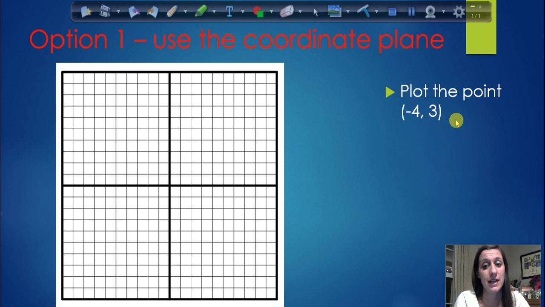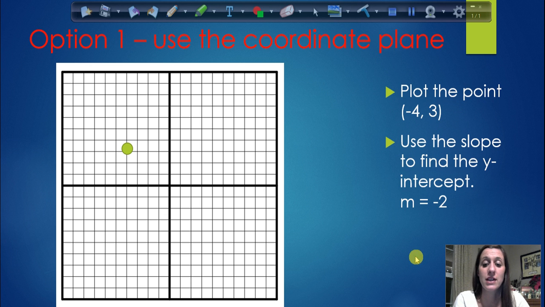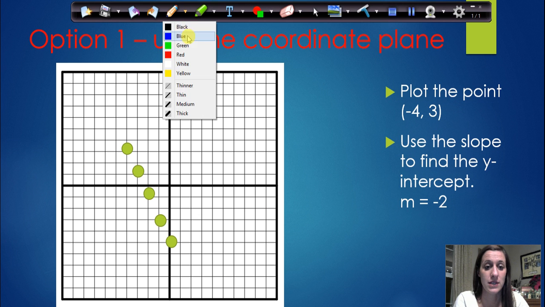The point I gave you was -4, 3. So you can plot that point. There's -4, 3. And then you can use your slope to your advantage. I told you the slope was -2 or -2/1. So then you can start from your point and go down 2/1 until you hit the y-intercept.